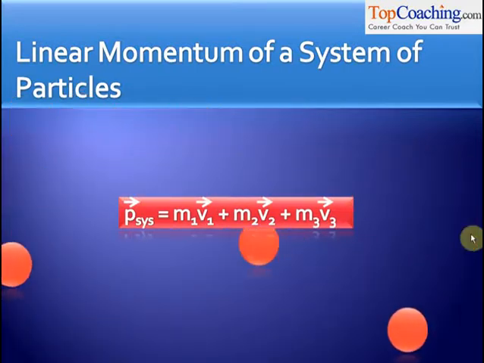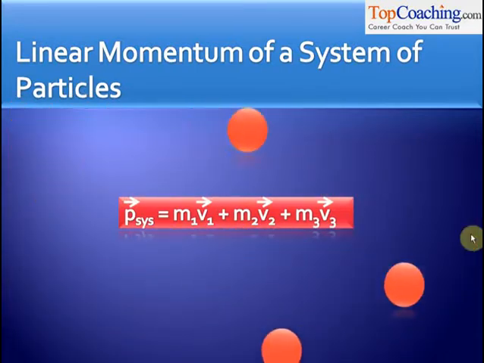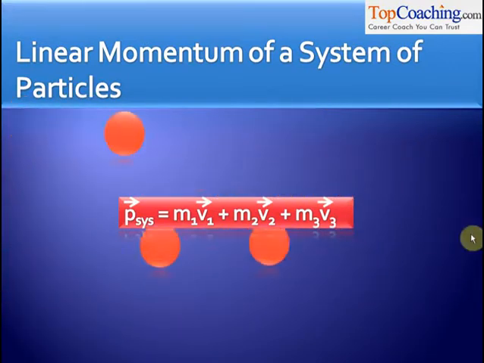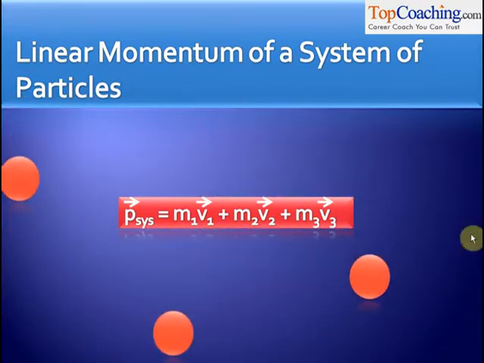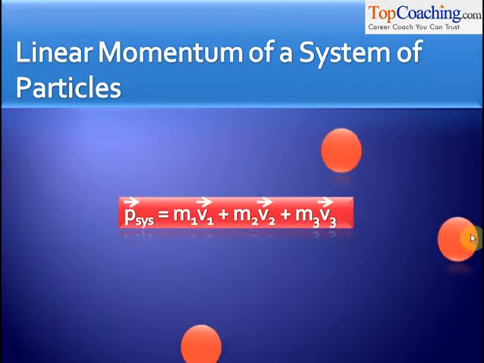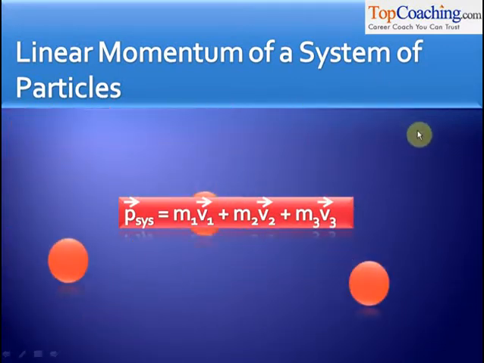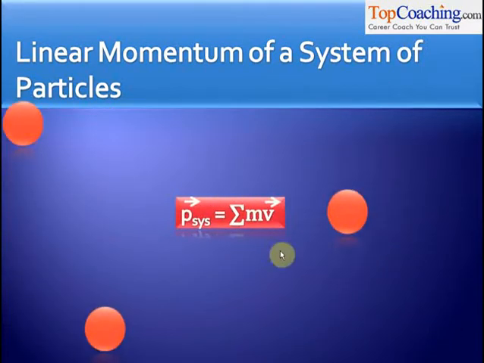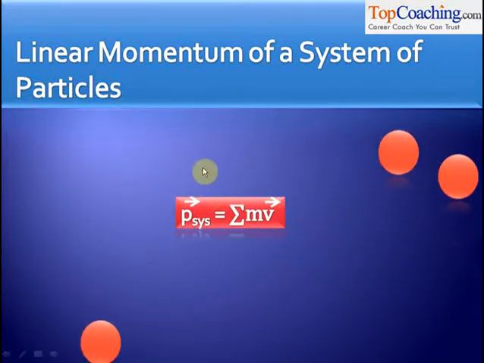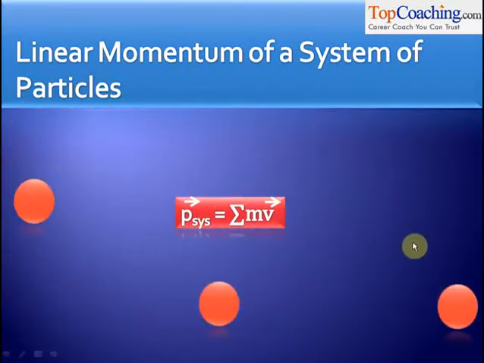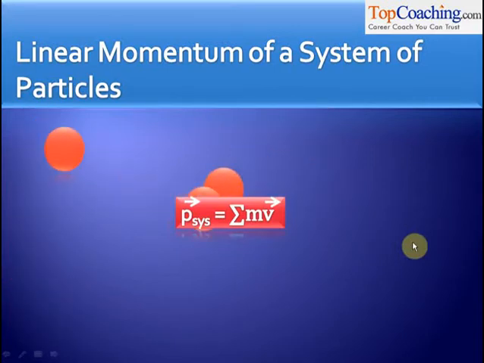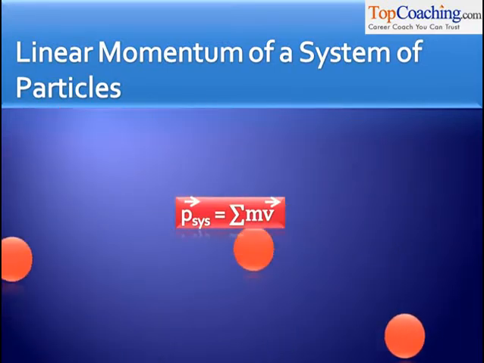Understood? So the net linear momentum vector of a system consisting of these three orange particles is m1 v1 vector plus m2 v2 vector plus m3 v3 vector. So basically the linear momentum vector of a system is the summation of m into v vector for each of the particles.